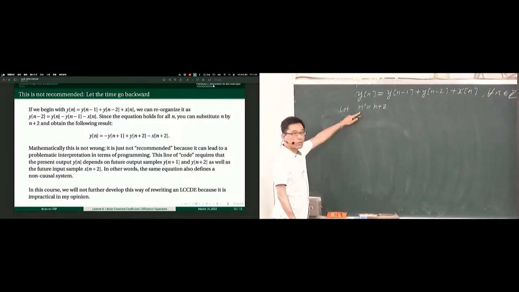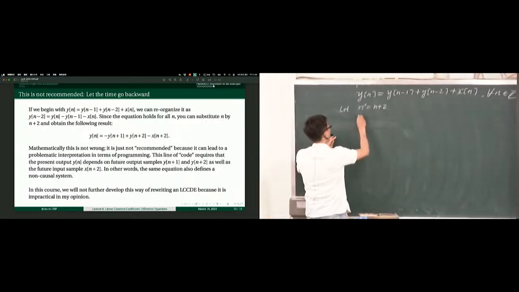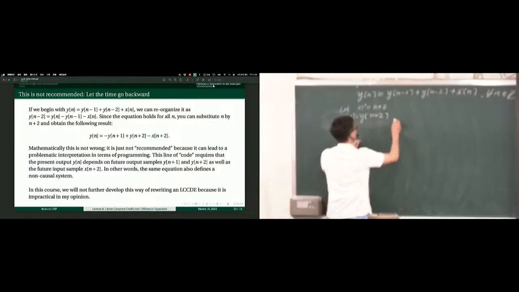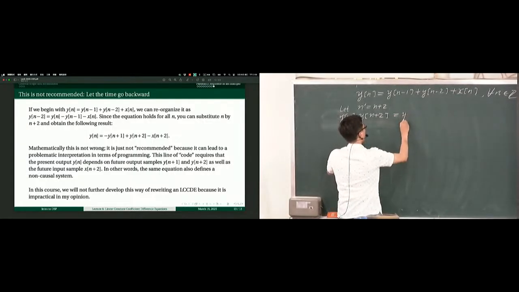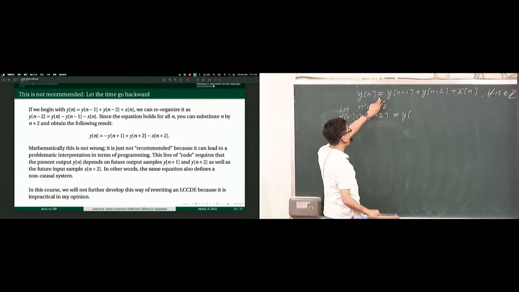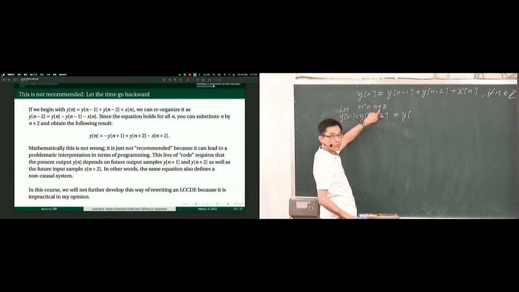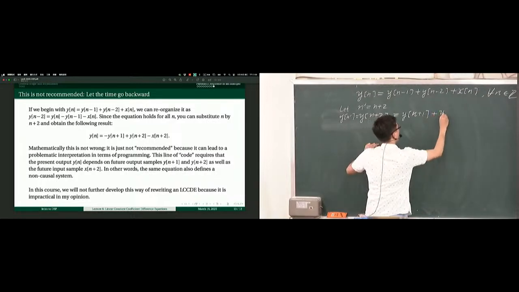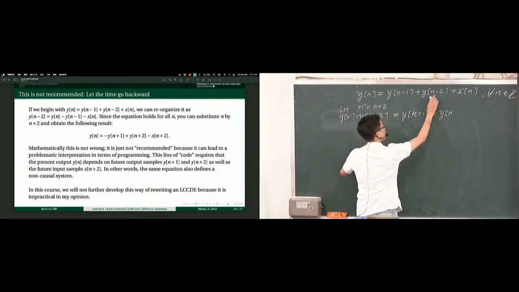If n prime is n plus 2, then we have y of n prime, which is y of n plus 2, equal to, now using this equation by replacing n with n plus 2, n plus 2 minus 1, that's n plus 1, plus y of n plus 2 minus 2.